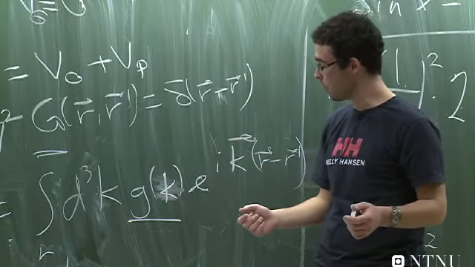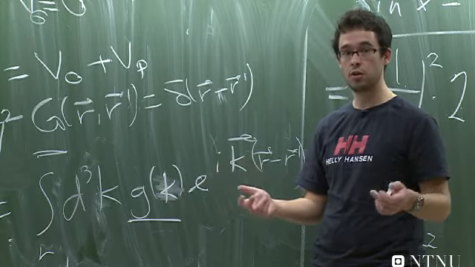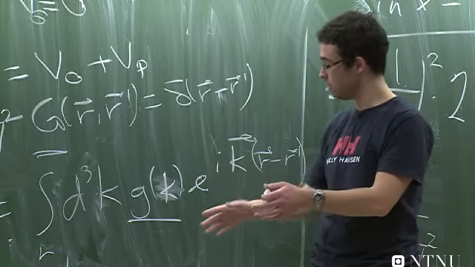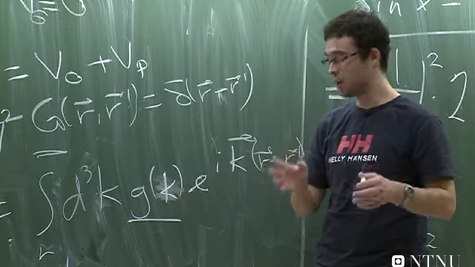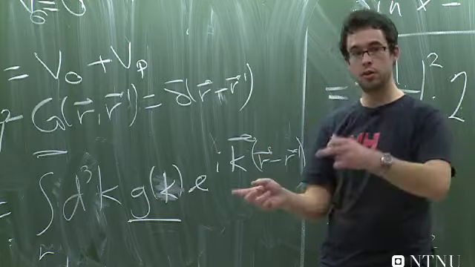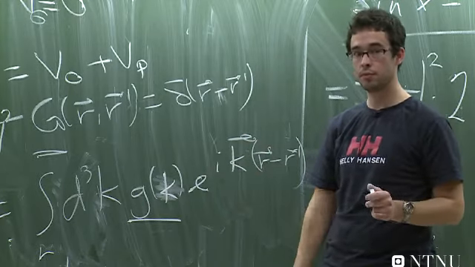There's some proof saying that there's a one-to-one relation. If you have one set of Fourier coefficients, that's equivalent to knowing one function and vice versa. There's a one-to-one relation between Fourier space and real space.